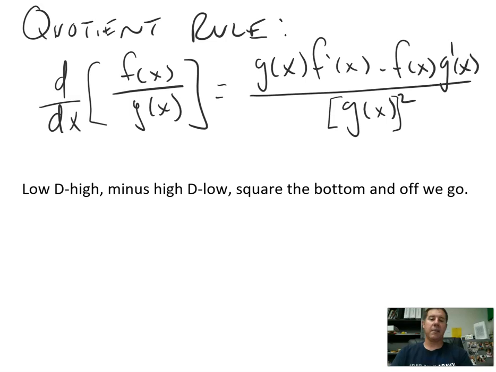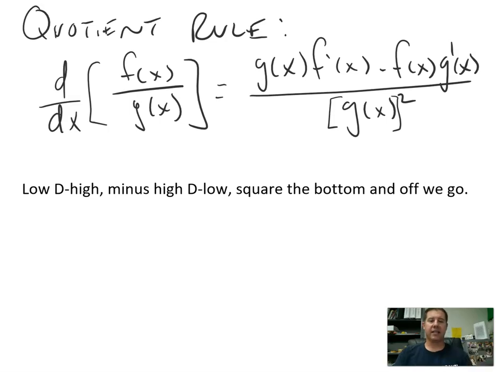Or we have, again, the much handier saying, low d high, so low function, derivative of the high function, minus high d low, minus the high function times the derivative of the low function, square the bottom, and off we go. Low d high minus high d low, square the bottom, and off we go.